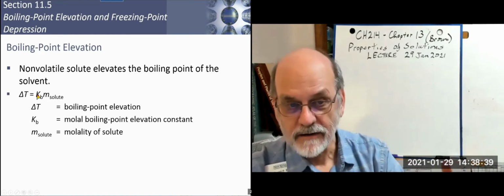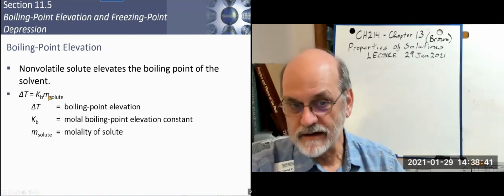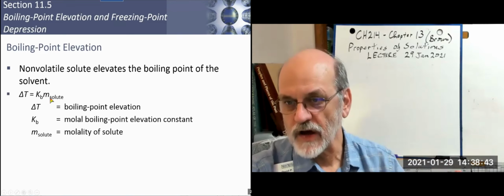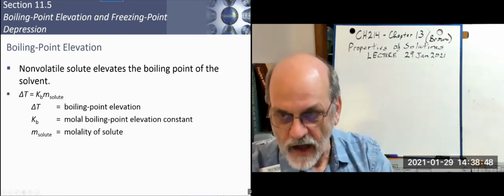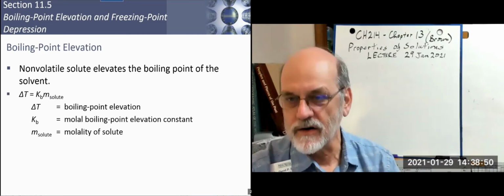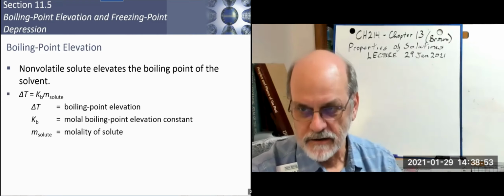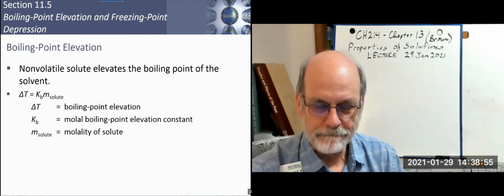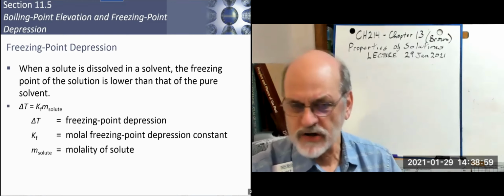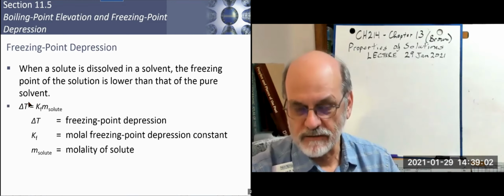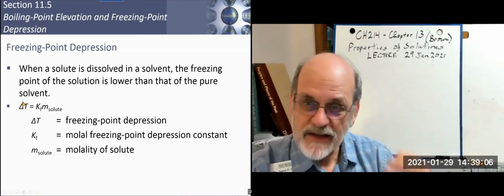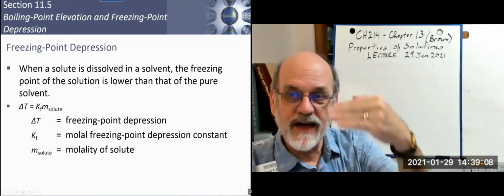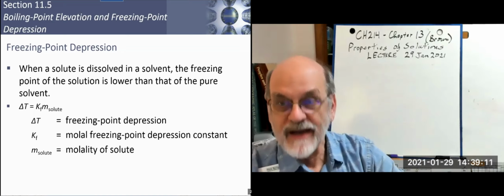But beyond that, all it cares about is just how many moles of the solute are there. Doesn't care what it is. As long as it's soluble in the solvent, the only thing that matters is the concentration of the solute. Freezing point depression is a similar expression. The value you get here might be a positive number, but you use that to decrease the freezing point by that factor.